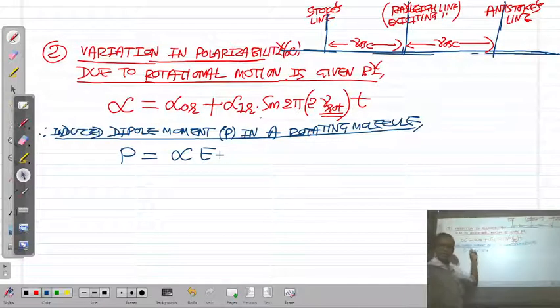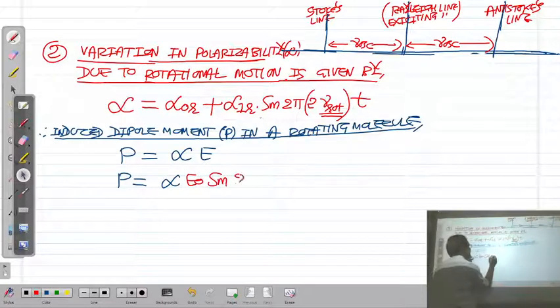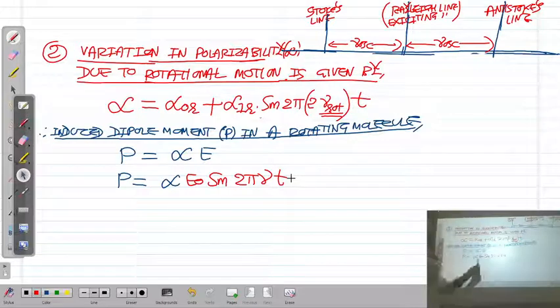The constant is alpha, so P is equal to alpha E. Alpha is called the polarizability of the molecule, and the oscillating electric field of the incident light is E0 sin 2 pi nu t. Nu is the frequency of the incident light beam.